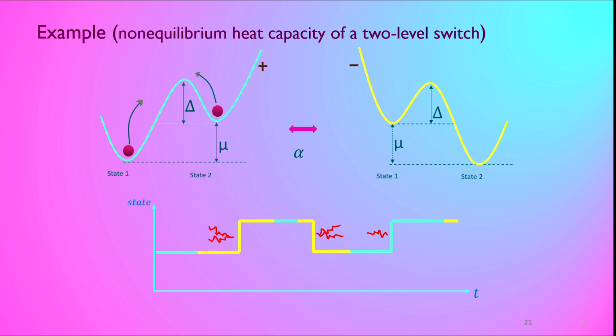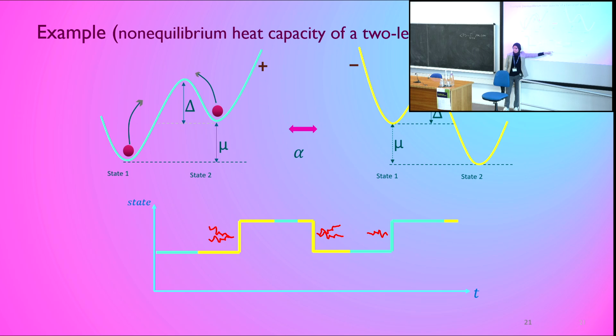Okay? And now what is the dynamic? If the particle is in the plus, this green landscape, for example in state 1, and the plus changes to the minus, nothing happens for the particle. Then the particle jumps from state 1 to state 2, and now it's exchanging heat with the environment. Then here again it's in yellow, and changing the landscape, switching with the rate alpha, nothing happens.